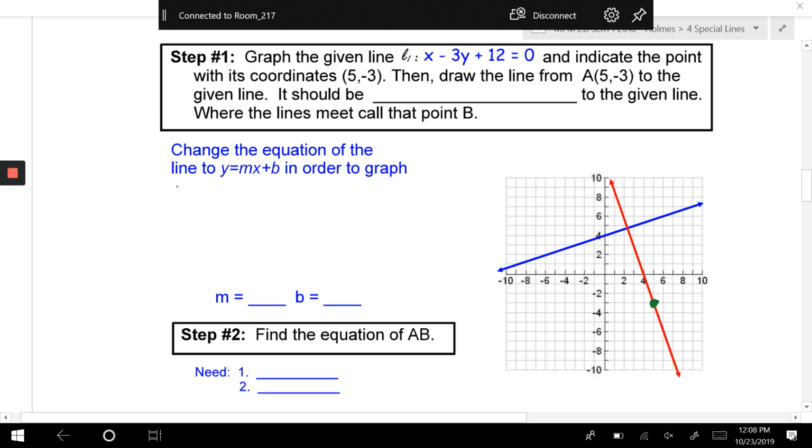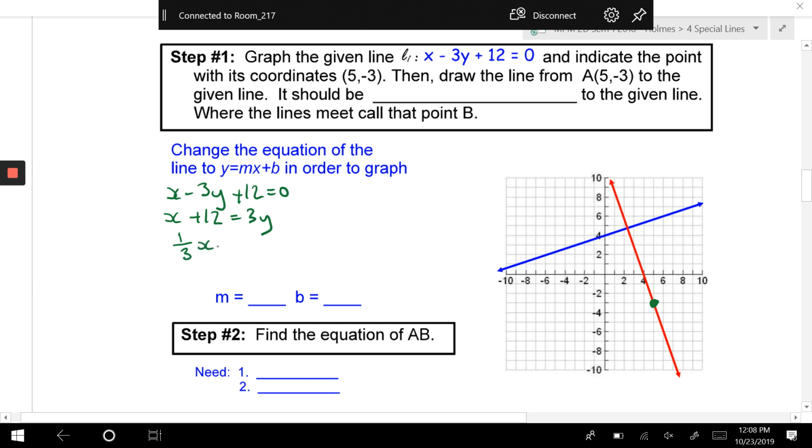So I'm going to rearrange my equation, line 1, x - 3y + 12 = 0. I'm going to add 3y to both sides. Instead of subtracting x and then subtracting 12, I'm just adding 3y to both sides. And then I'll divide both sides by 3.